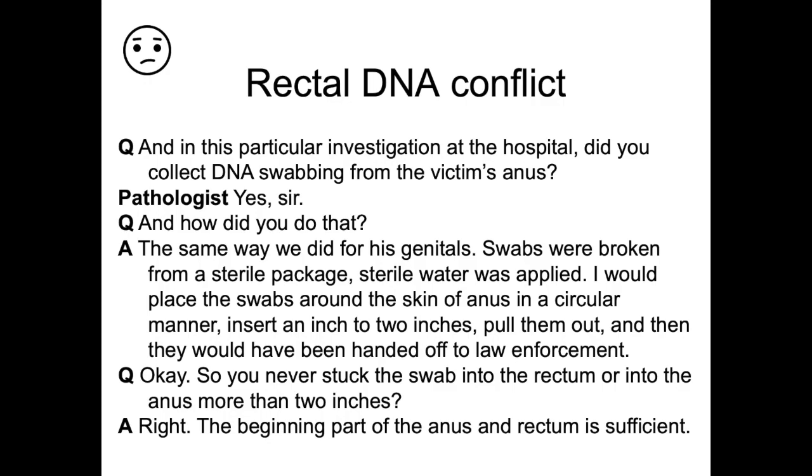I would place the swabs around the skin of the anus in a circular manner. Insert 1 inch to 2 inches, pull them out, and then they would have been handed off to law enforcement. Question. Okay, so you never stuck the swab into the rectum or into the anus more than 2 inches? Answer. Right. The beginning part of the anus and the rectum is sufficient.